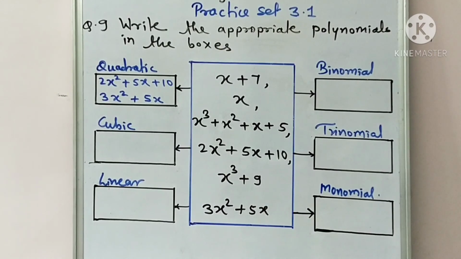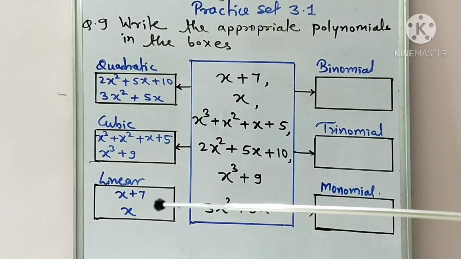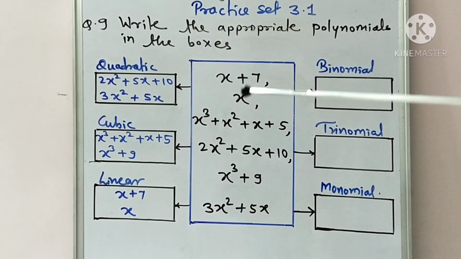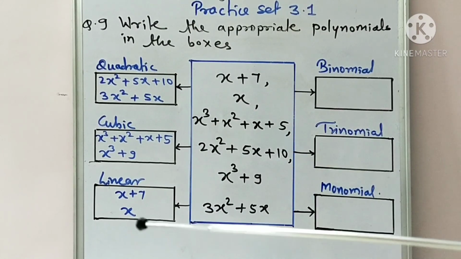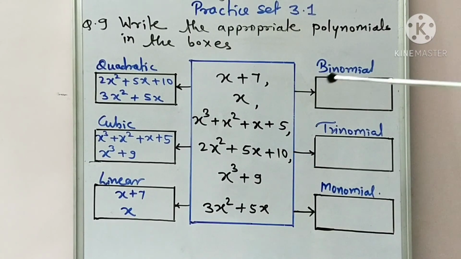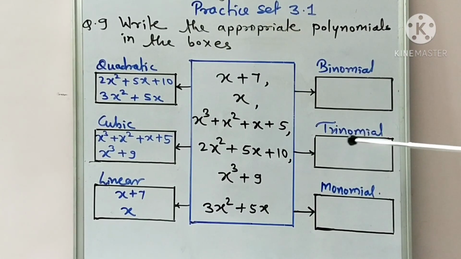Okay, and linear polynomial means if the degree of the polynomial is 1, it's a linear polynomial. The first two polynomials have degree 1, so the first and second are linear polynomials. Getting this? Similarly, according to the number of terms in the polynomial, we classify polynomials as monomial, binomial and trinomial.